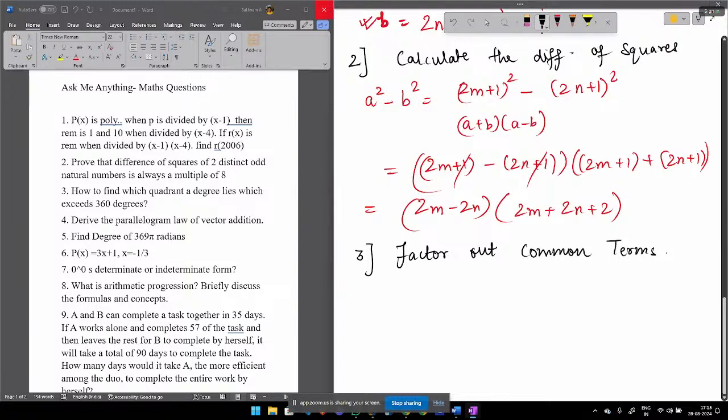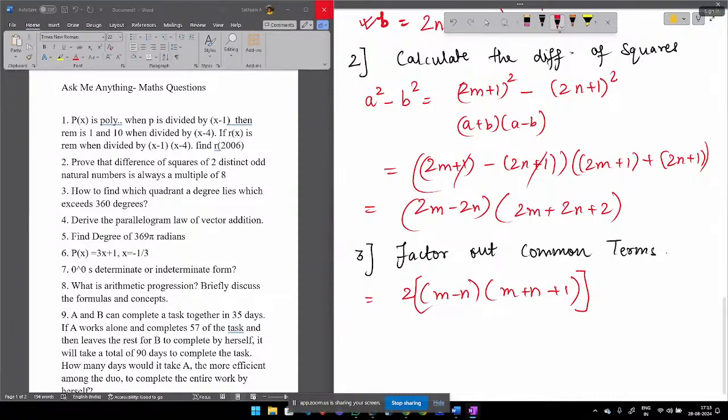Simple, we can see that 2 is common everywhere. First step में क्या करना है हमें, we'll take out the 2 outside. Okay, so 2 into m minus n into m plus n plus 1. बट ये जो 2 हमने कॉमन निकाला है अभी, it is in such a way, right, or no, कुछ गड़बड़ हुई है? Yes है ना.